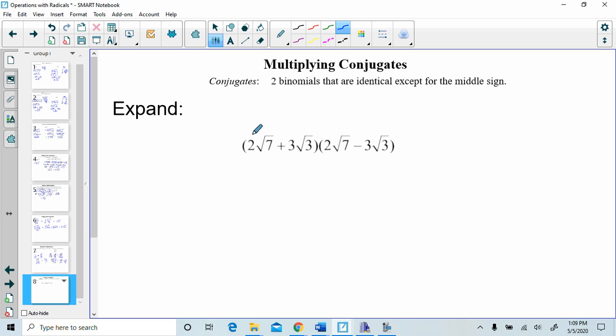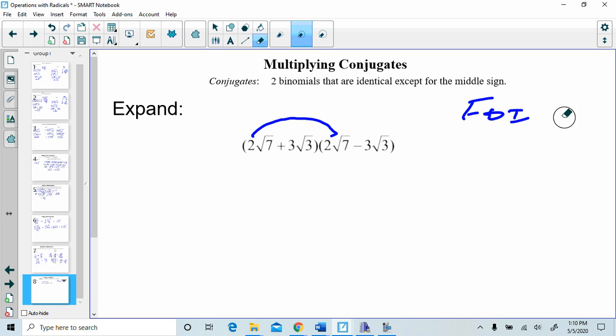Okay, so let's just start by working on this bracket here. So first term times the first term in the next bracket. So we're just distributing, or foiling as some people like to say. So if I'm actually going to use that word FOIL, we can just keep in mind what it means.